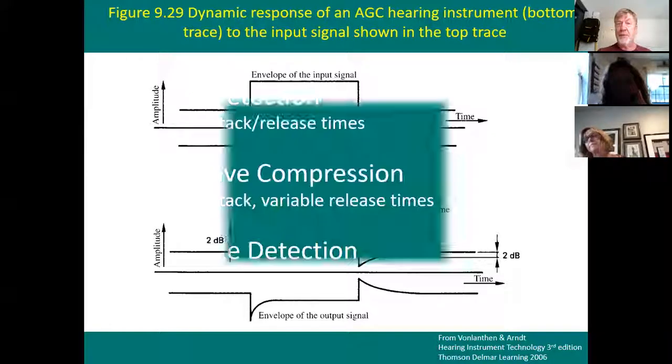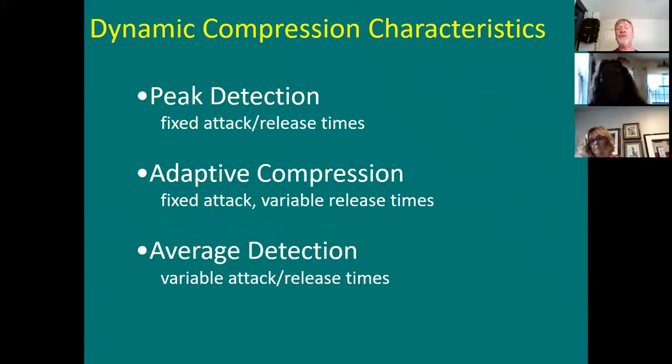Now, the oldest type of attack and release time was called peak detection. Peak detection meant that the attack and release times were fixed. The attack time was usually about a 20th of a second, 50 milliseconds. That's pretty short. And the release time was meant to be about 3 times that length.